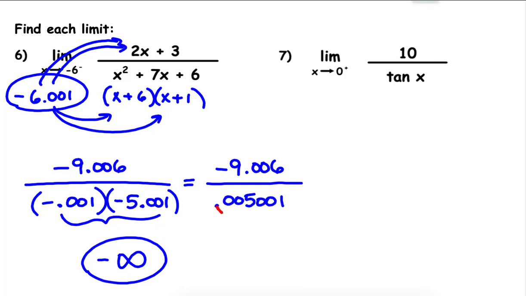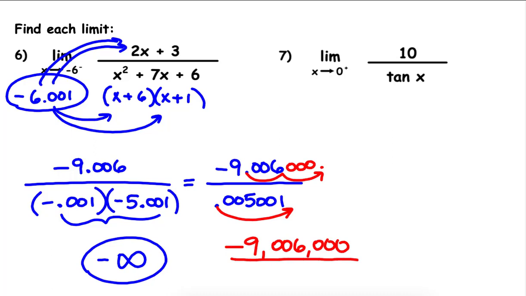If you were to slide the decimal point over 6 spaces, and you were to slide this over 6 spaces, you'd need 3 more zeros to get to 6 spaces, you'd have negative 9 million and change up top, divided by 5,001, which is roughly negative 1,800.